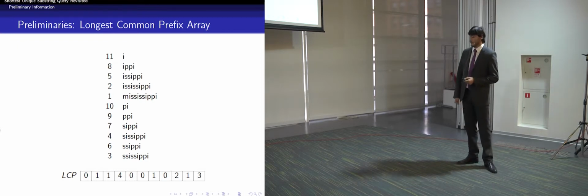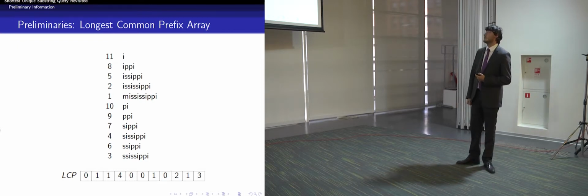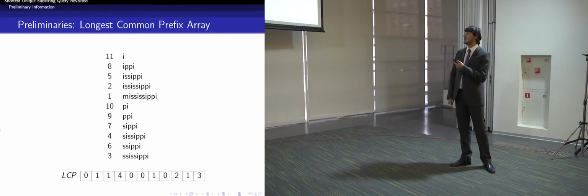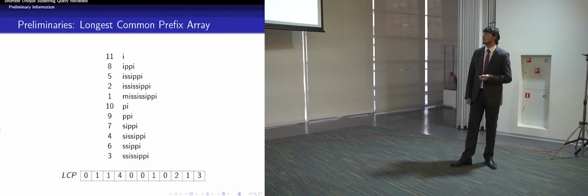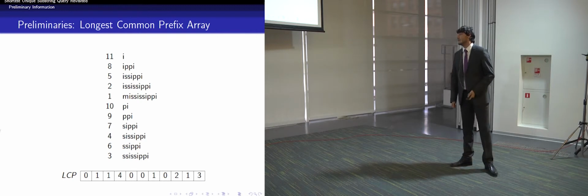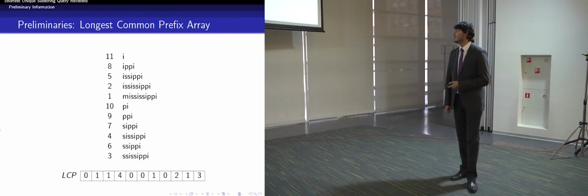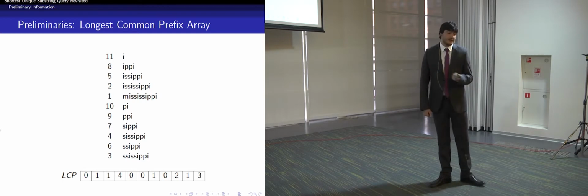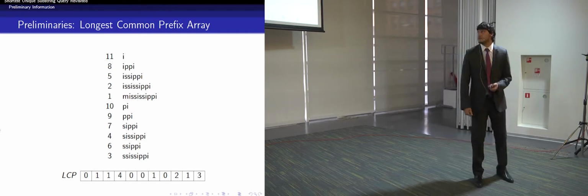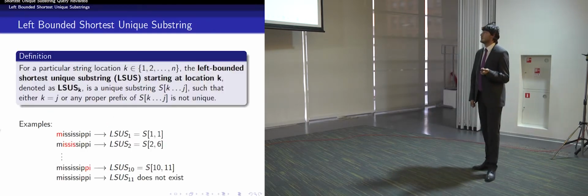Because the first suffix has no predecessor, the longest common prefix array is defined as 0 for that. This is, again, a well-known data structure, so no dwelling on it.